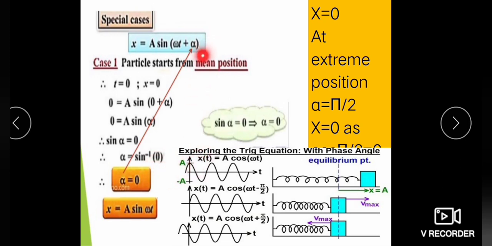Since in the mean position at t equal to 0, displacement must be equal to 0, alpha must be taken as 0. So A sin 0 will be 0, and hence alpha equal to 0 in the mean position.